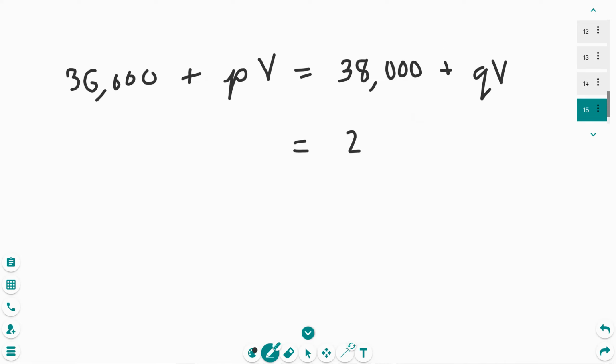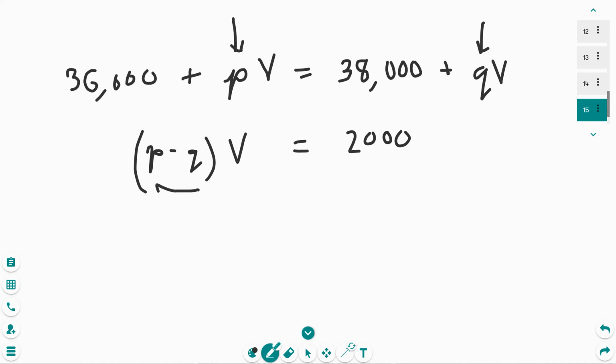And so if we rearrange this equation, we get that (P minus Q) times V is equal to 2,000. Remember, this P is the probability of surviving as a roofer, and this Q is the probability of surviving as a fisherman. So this is the difference, the extra probability you have of surviving if you are a roofer rather than a fisherman. And this 2,000 is the salary differential. That's the extra money that you're taking on by taking a riskier job, or it's the money that you're giving up by taking a little bit of a safer job.